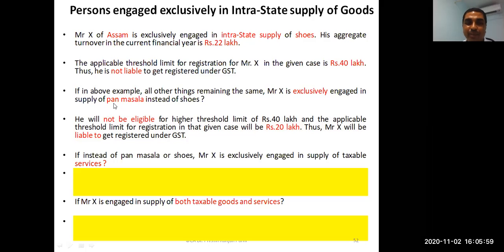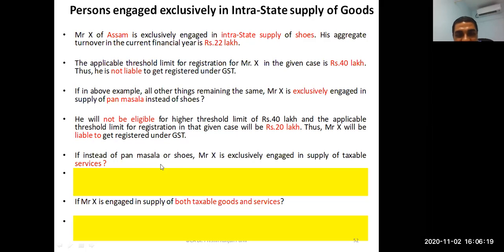Because of pan masala. Suppose instead of pan masala, it will be ice cream. Whether registration will be required? Tell me now. Yes, sir. Okay, fine. Now, one more step.